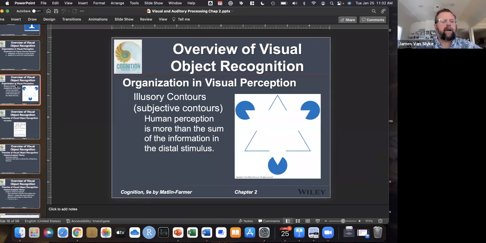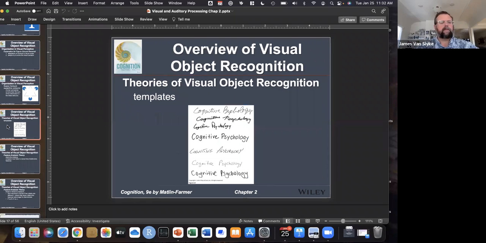Okay, so now we're going to move a little bit more into different theories about how we recognize what something is. How do we figure out what something is? So here's a certain kind of problem. Now you should be able to read that this is cognitive psychology, okay?